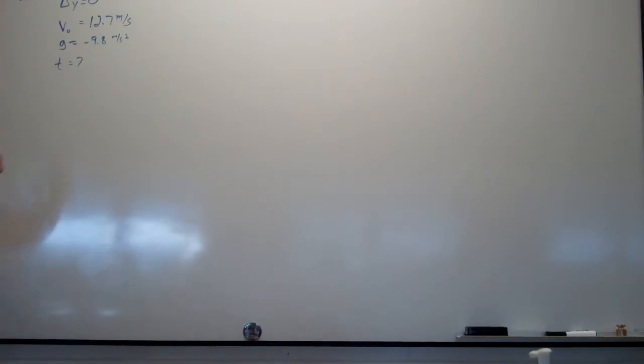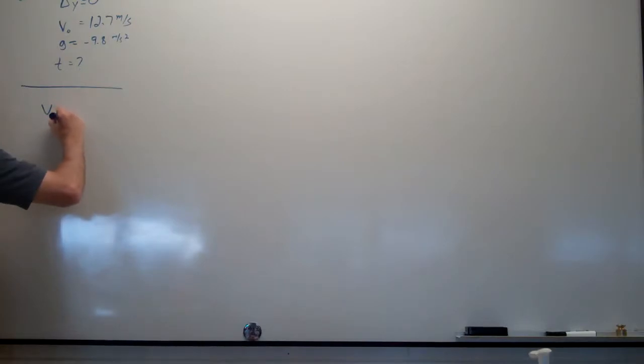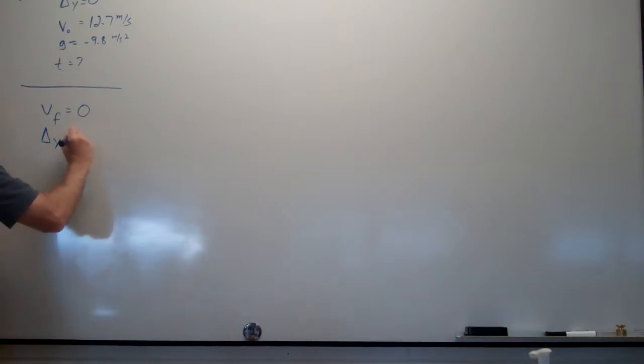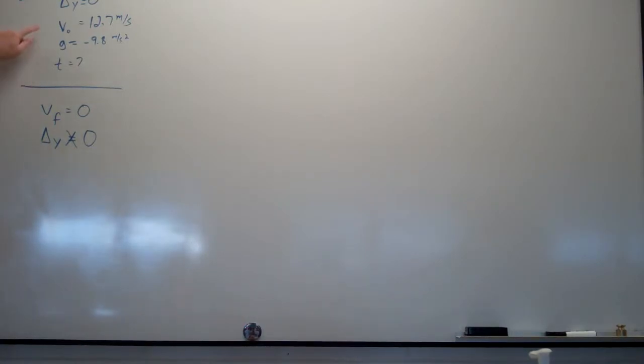So if we say VF equals 0, but now delta y does not equal 0, so we can't use that. So we have VF, VO, and g. What equation can we use to find time? Third one.